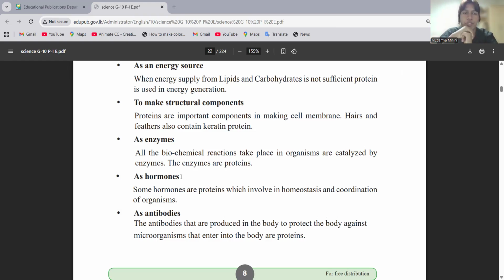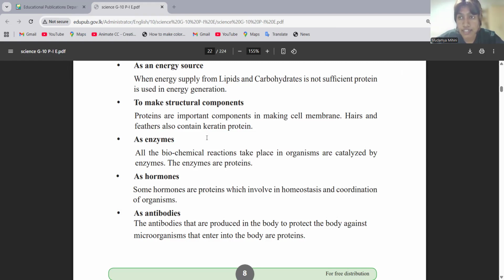And as enzymes, you can see, enzymes are known as catalysts. So what does a catalyst mean? That means it speeds up reactions without being used up itself.